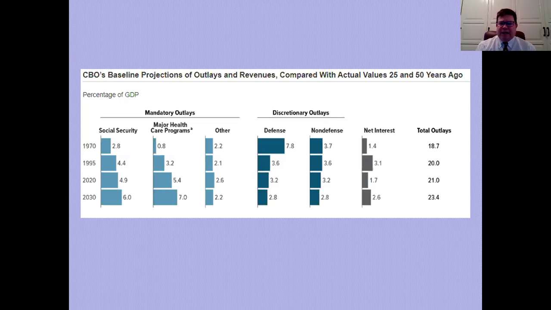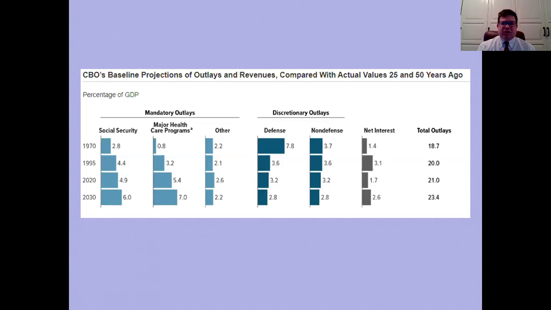Looking forward, this is another way to examine comparisons over time of how big these mandatory programs have actually gotten. These are projections or retrospective looks at these programs as a percentage of the economy or the GDP.